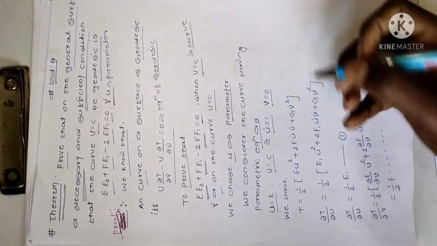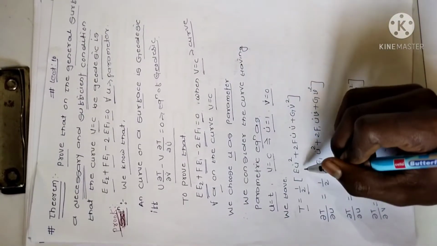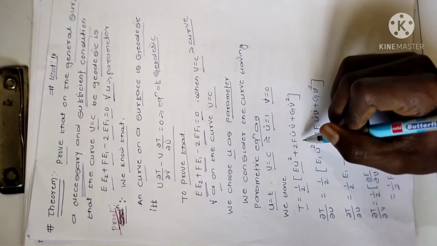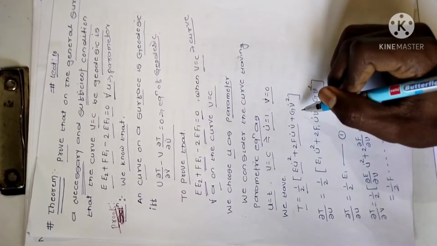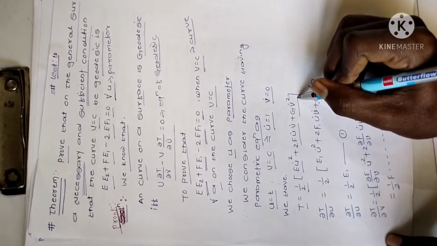Then, as I have studied in the previous lecture, T is equal to 1/2 in bracket E u dot square plus 2F u dot v dot plus G v dot square. This equation is based on the differential equation of geodesic.